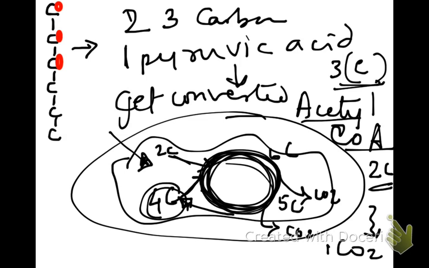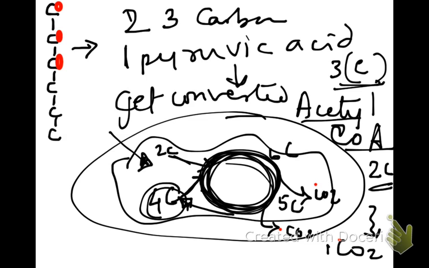Now, tell me, have I lost all the carbons? First I had 1 carbon dioxide lost, 2nd carbon dioxide lost, 3rd carbon dioxide lost, right? Now, have I completely lost all my glucose?